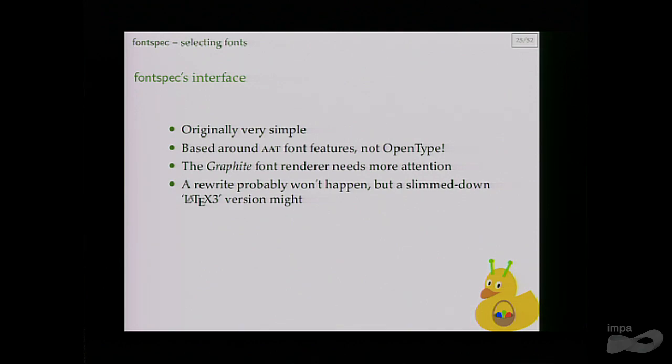But XeTeX now also supports the Graphite font renderer, which, if you haven't heard of it, is a technology that allows people to come up with fonts that might support languages that aren't in Unicode yet, and supports technologies in terms of how you shape all of the characters that needs to be programmed within the font itself. So it's more powerful and flexible than OpenType itself, which makes it interesting, but it's got relatively niche use cases.